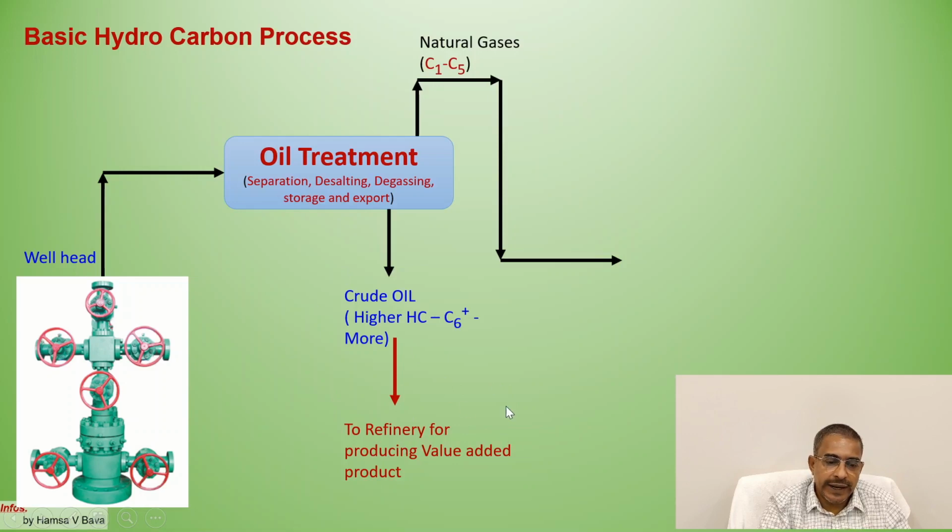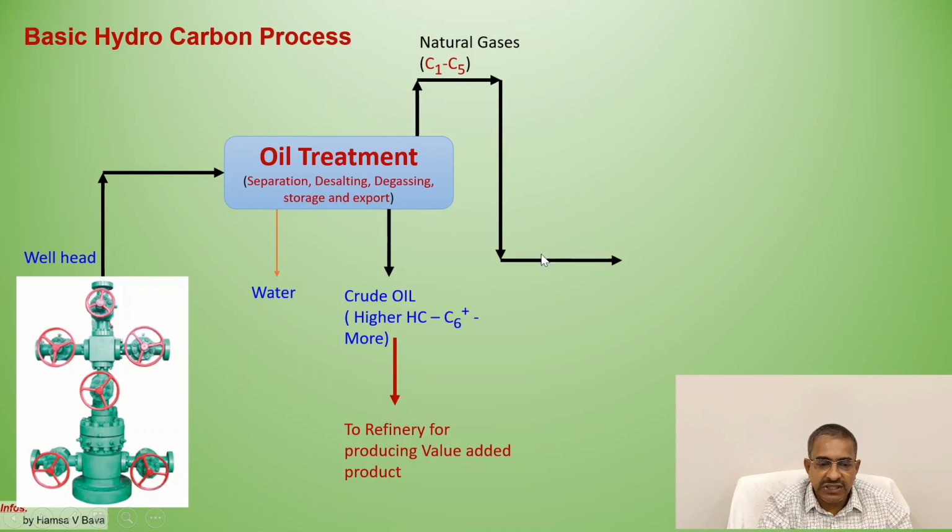And of course water is also separating here, and water we normally re-inject into a water injection well or disposal well for maintaining the head in that well. So it is circulating that water back to the reservoir. So crude oil treatment is only this much, and the details are available in my previous videos.